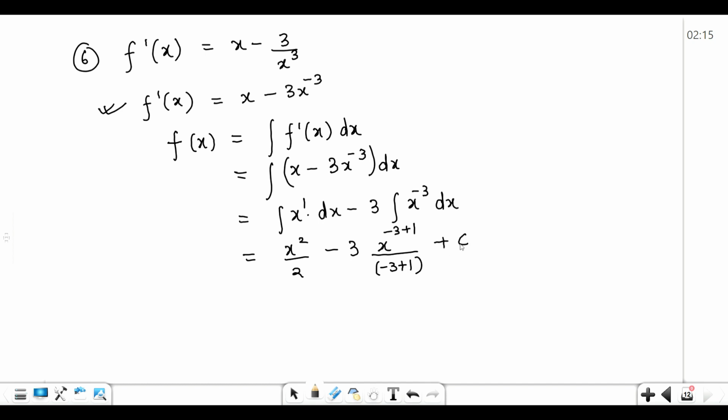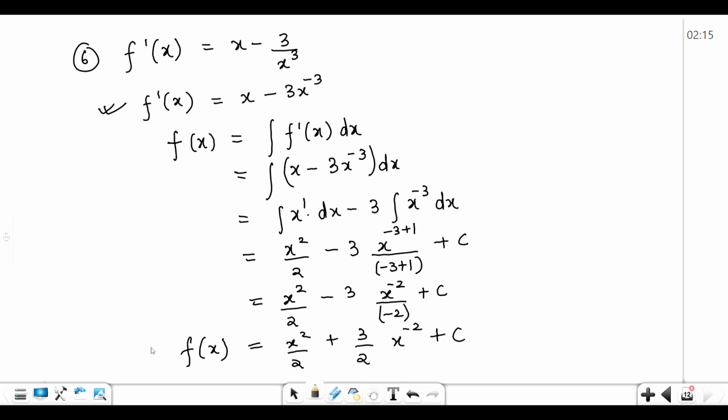So this gives you x square by 2 minus 3, and here also minus 2, and the power denominator minus 2. Now minus minus becomes plus, so this will be 3 by 2 x to the power minus 2 plus c.